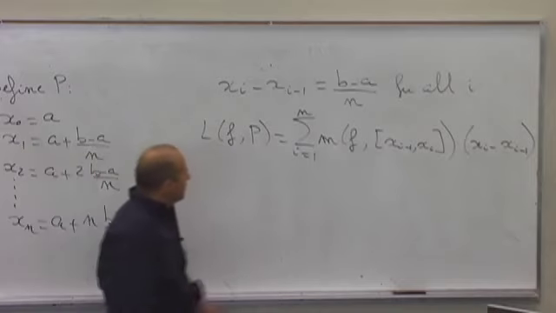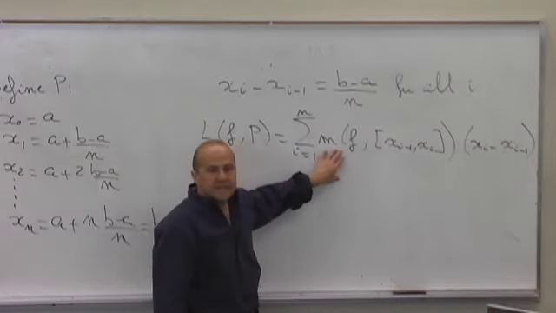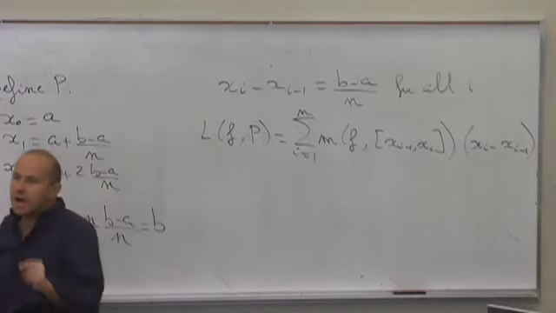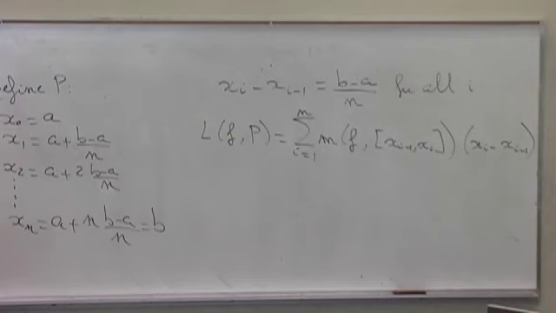Now what's going to be the greatest lower bound on the interval [xi minus 1, xi] of the function f, which is assumed to be increasing?